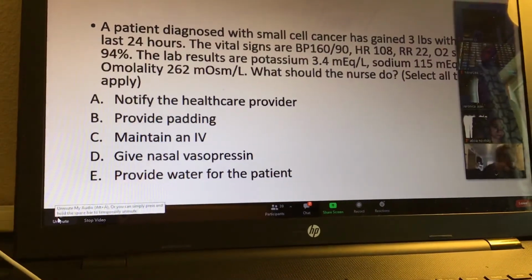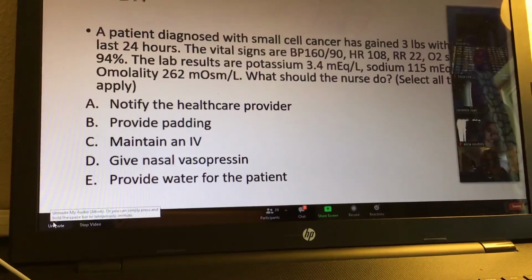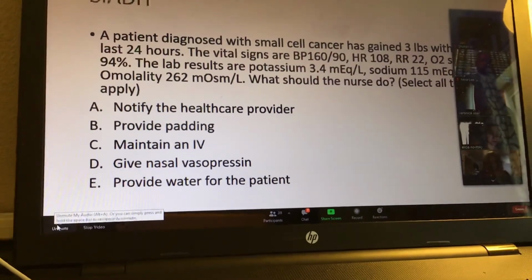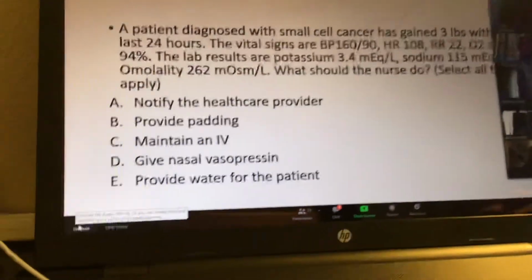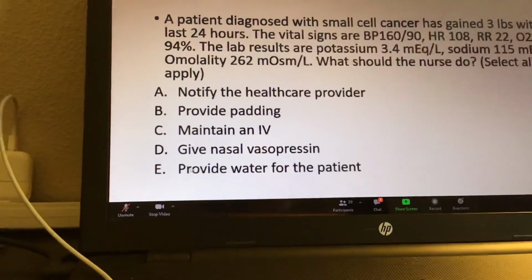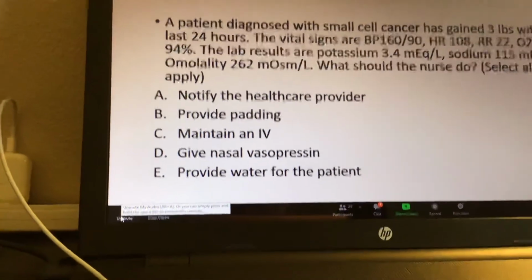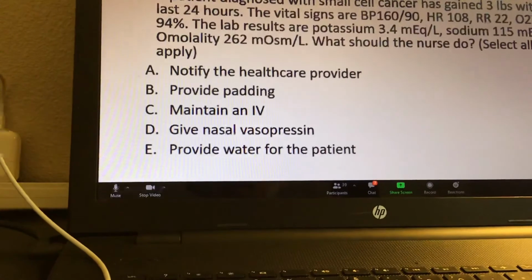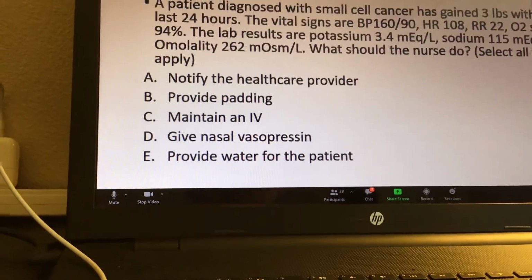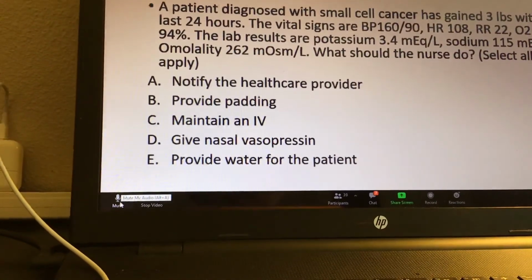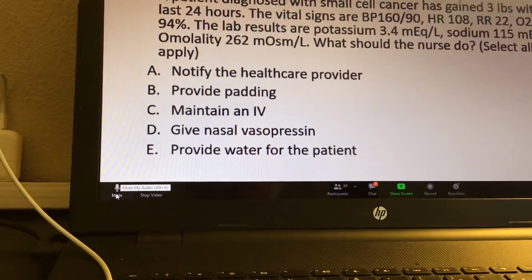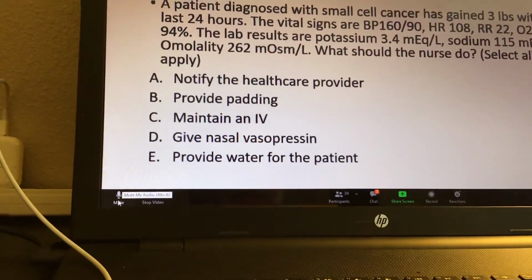A, B, C. I put padding on the side rails. And this is a select all that apply, so I'm saying A and B. A, B, and E. A, B, and C. Yeah, A, B, C. Okay.